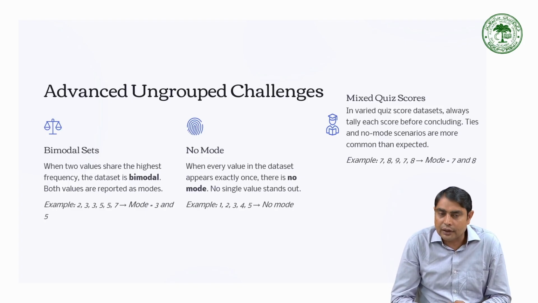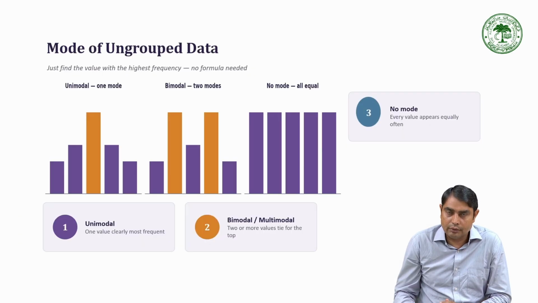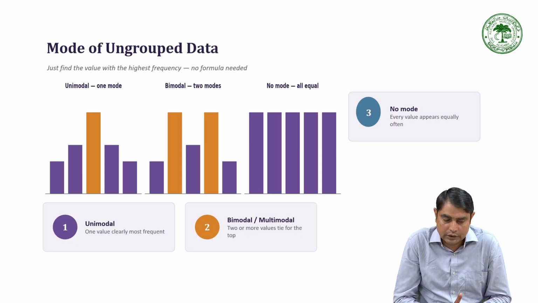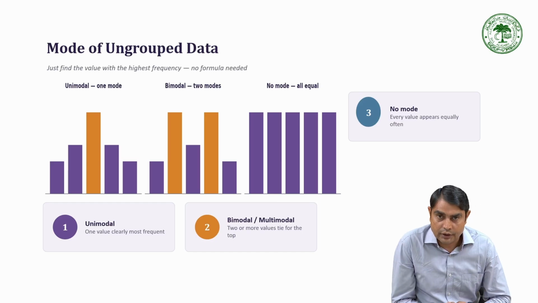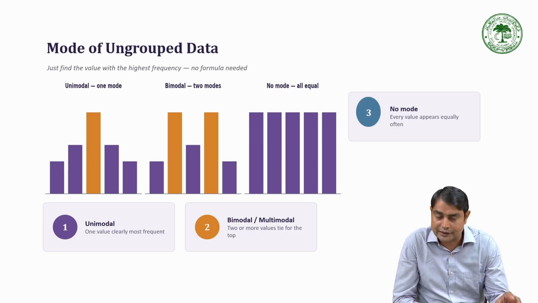As I've just discussed, we can have more than one mode. We can have one mode in the data set, which is called unimodal, as seen on your screen. The first graph shows only one range where the frequency is highest. Since it is a bar chart, this might be the data for a discrete series.